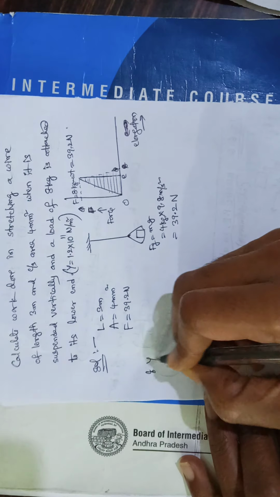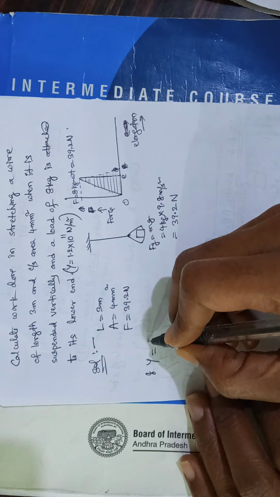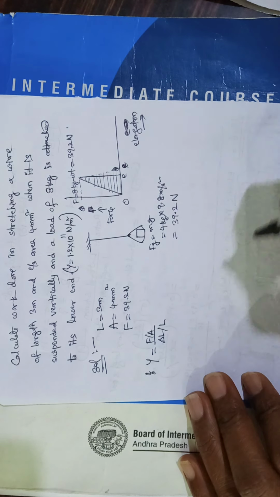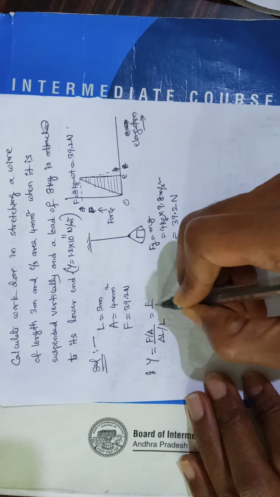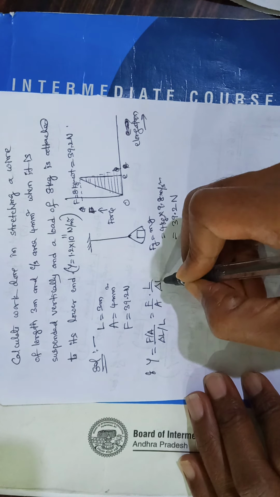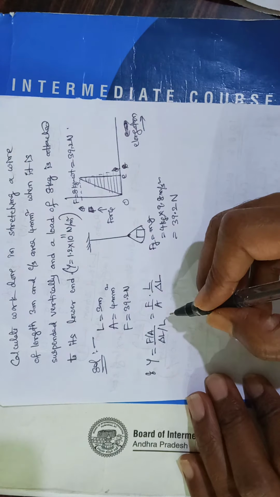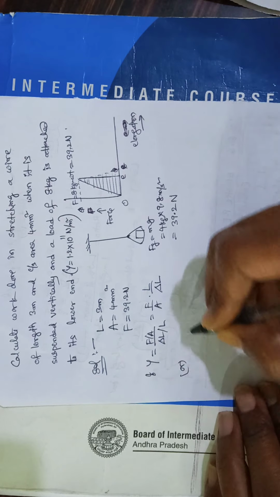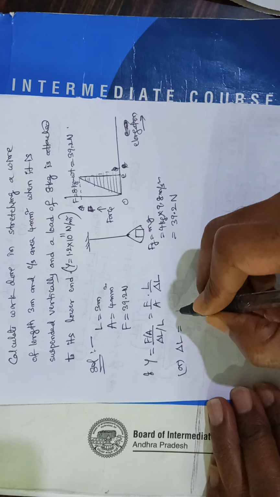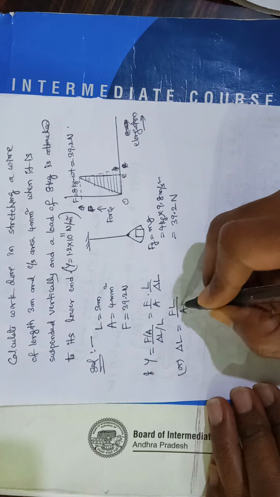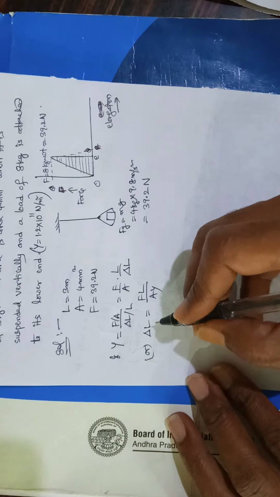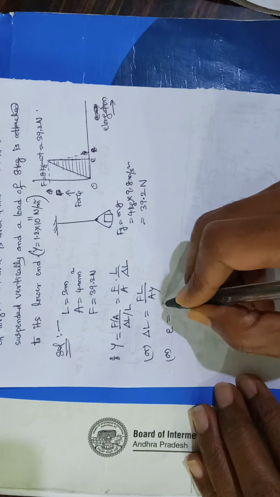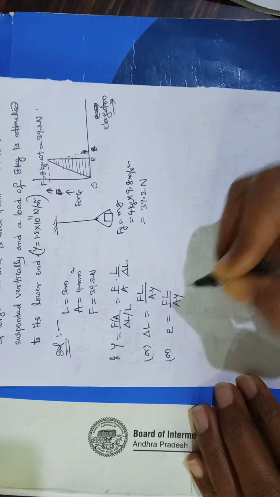Young's modulus is equal to F by A divided by change in length by original length, or F by A into L by delta L. So here elongation is required. So delta L is equal to FL by AY. But here instead of delta L you are saying e. So e is equal to FL by AY.